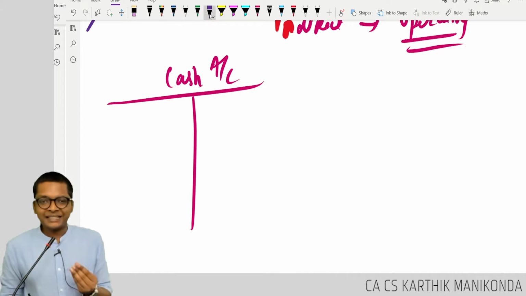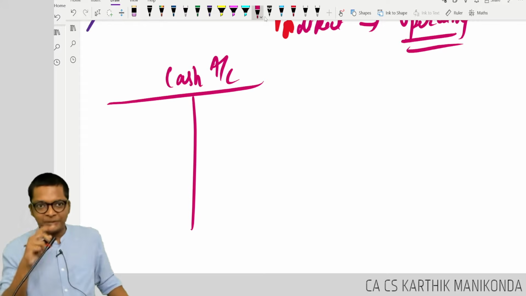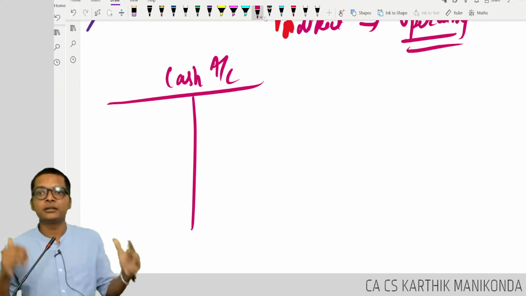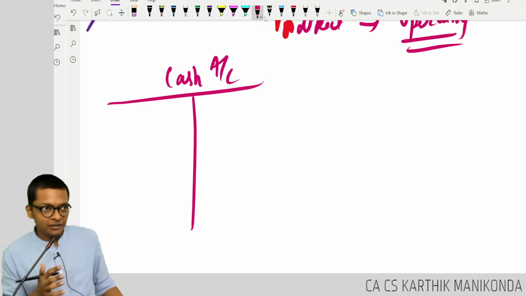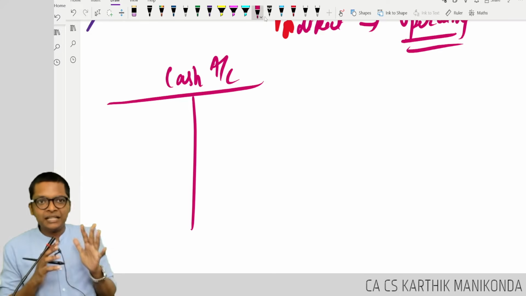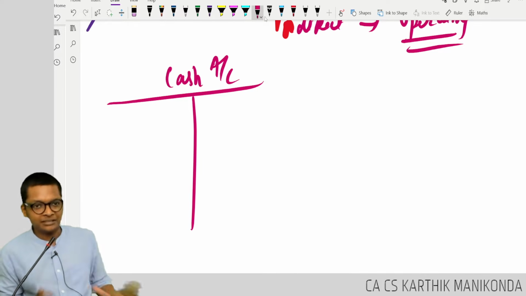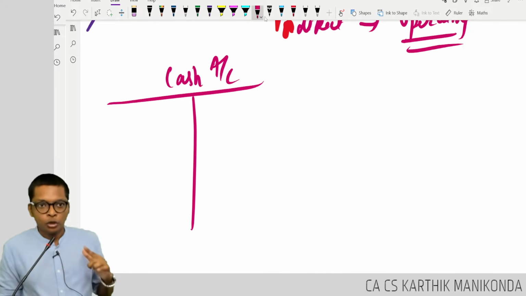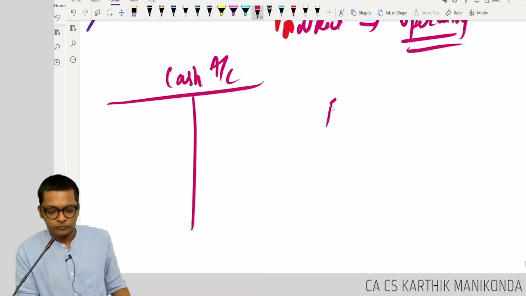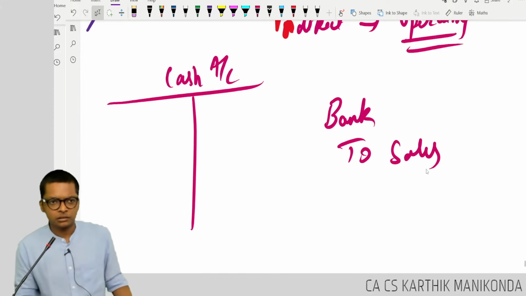Because let's take a simple example. Domino's Pizza, okay. Domino's Pizza is selling pizza across India, across the world, where they have branches. Every 10 minutes, at least somebody will buy one pizza in a Domino's Pizza store, correct? Somebody will buy pizza somewhere in the world. So every time a pizza is purchased, what entry will they pass? Bank to sales.